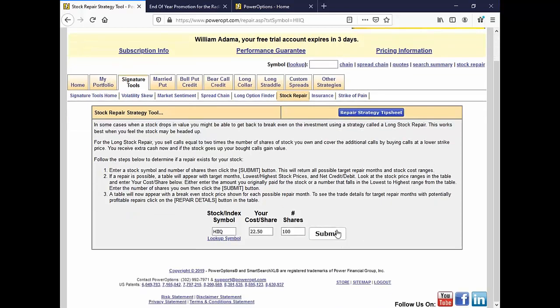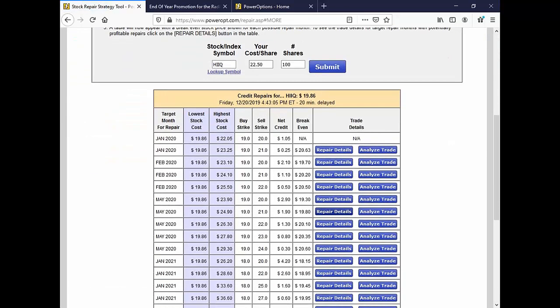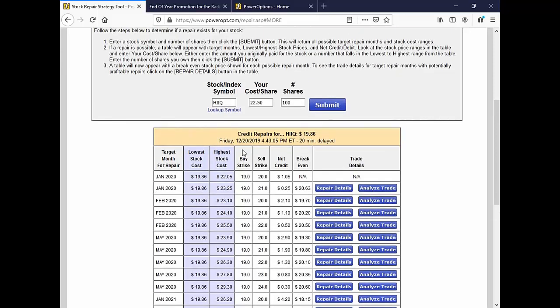What this tool is going to do is attempt to build ratio repairs that can help me get back to break even faster. If I do nothing, and I'm down this $2.60 or so on this position, I need the stock to move up $2.60 to $22.50 to get back to break even.